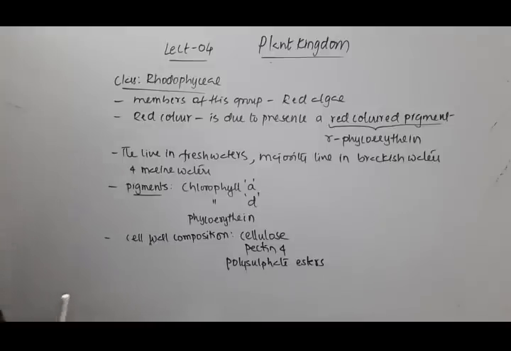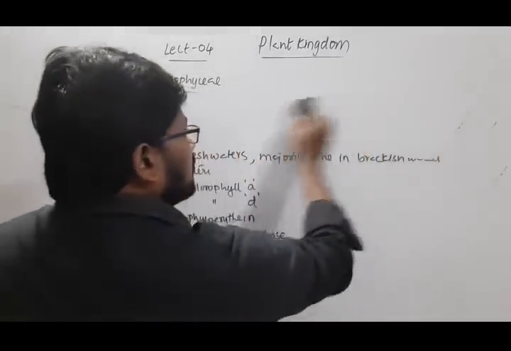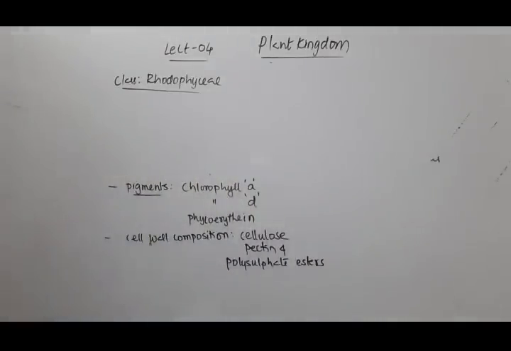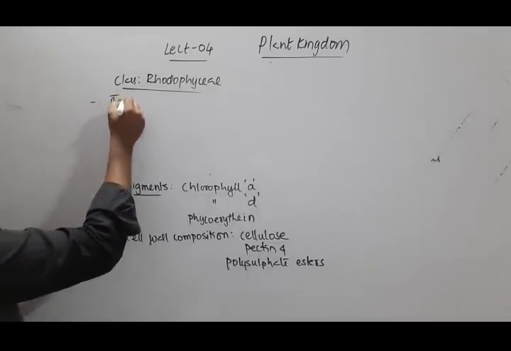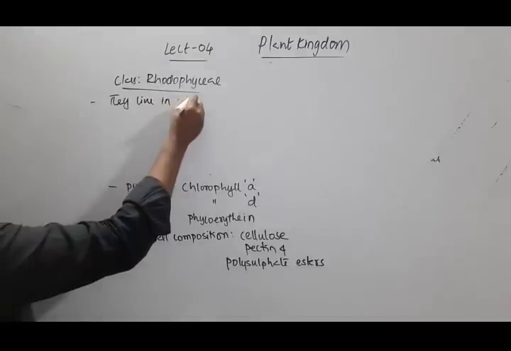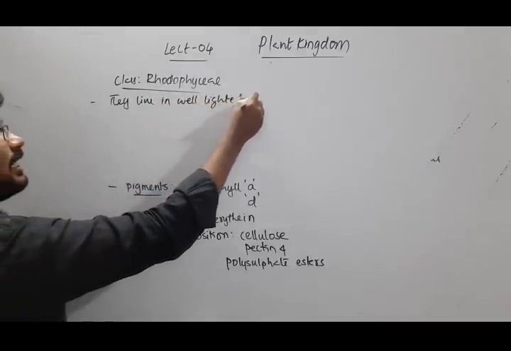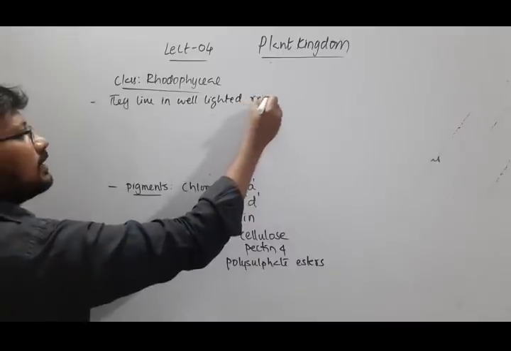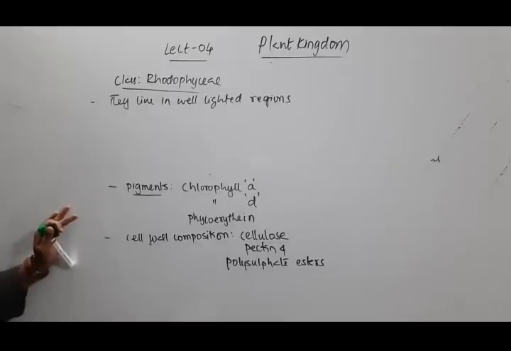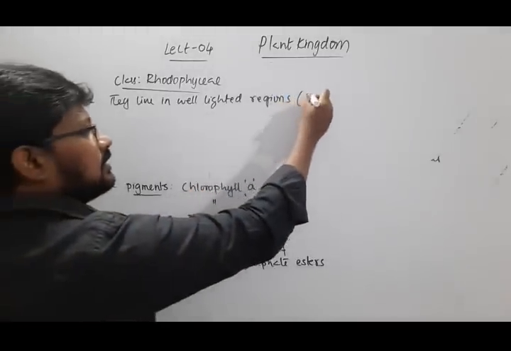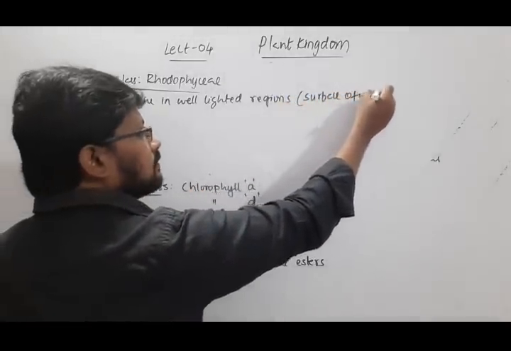Then the next point. Members belonging to this group are found in well lighted areas and also in low light regions. The well lighted regions in the waters will usually be the surface of waters.